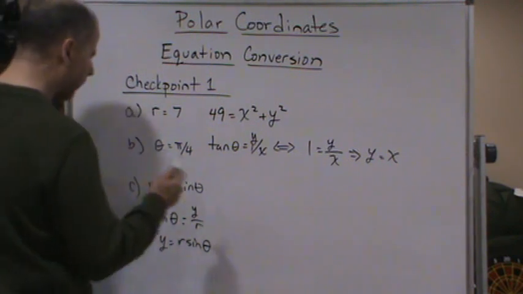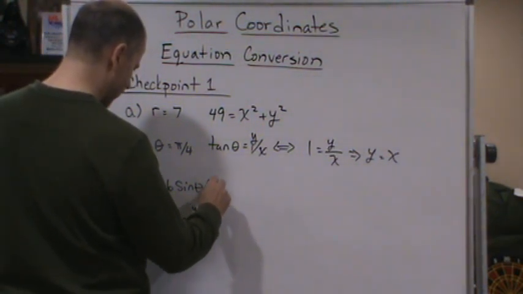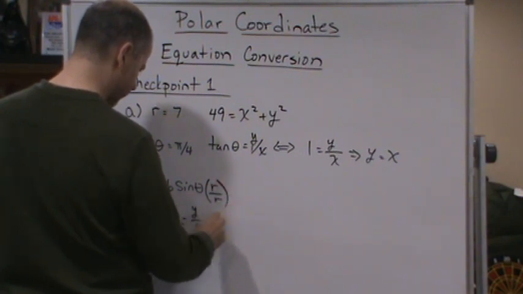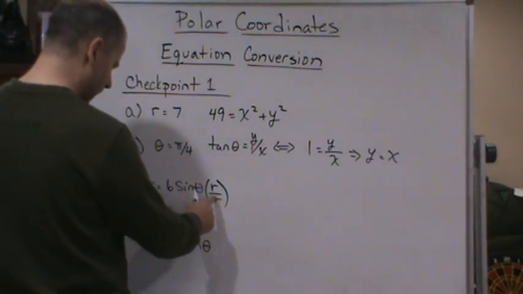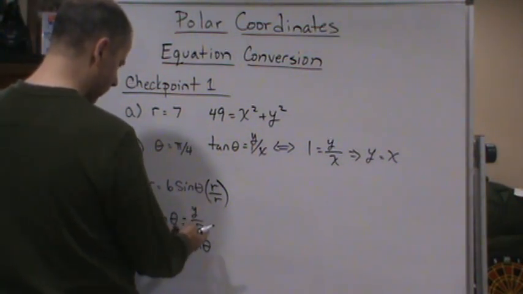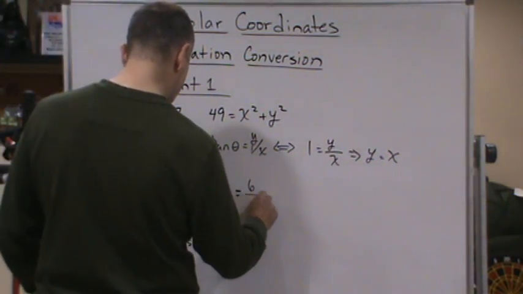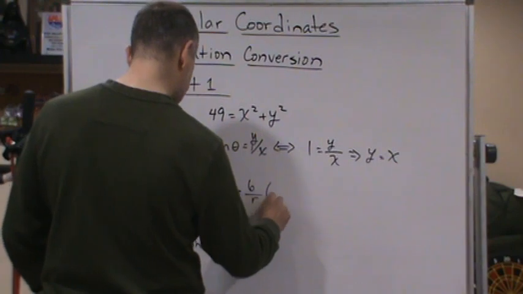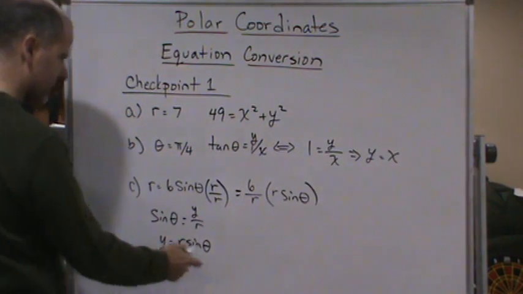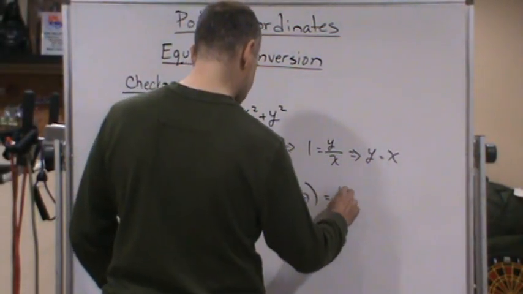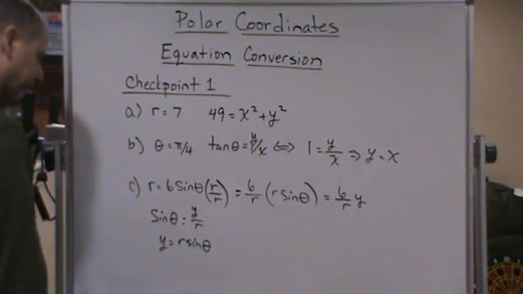Okay, let's do this. Let's multiply this by r over r. Maybe this might give us the same thing, but if we multiply this by r over r, so that's 1, we can write this as 6 over r times r sine theta. And r sine theta is equal to y, so that's going to give us 6 over r times y.